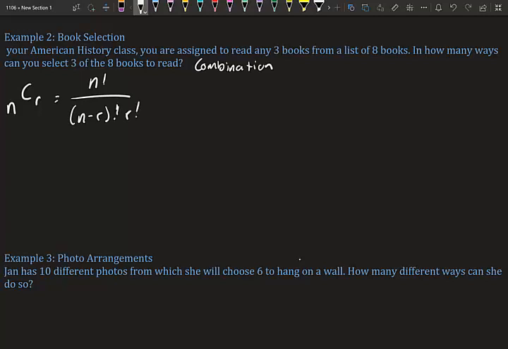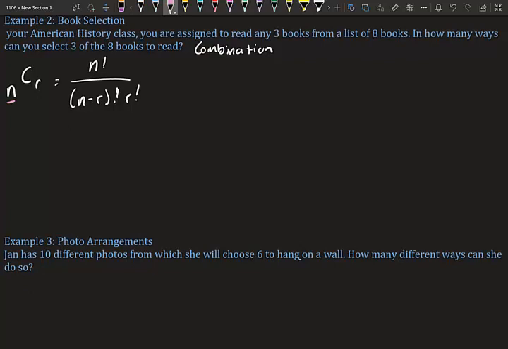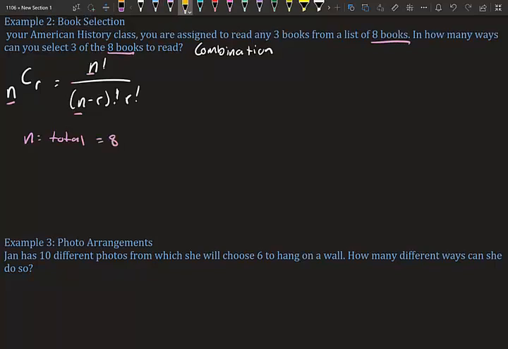So let's identify our n's and our r's. So remember, n is always the total. So how many books can we pick from this class? Well, there's 8 books that we can read. So our total is 8. And then how many of those books are we reading? That's the selection.